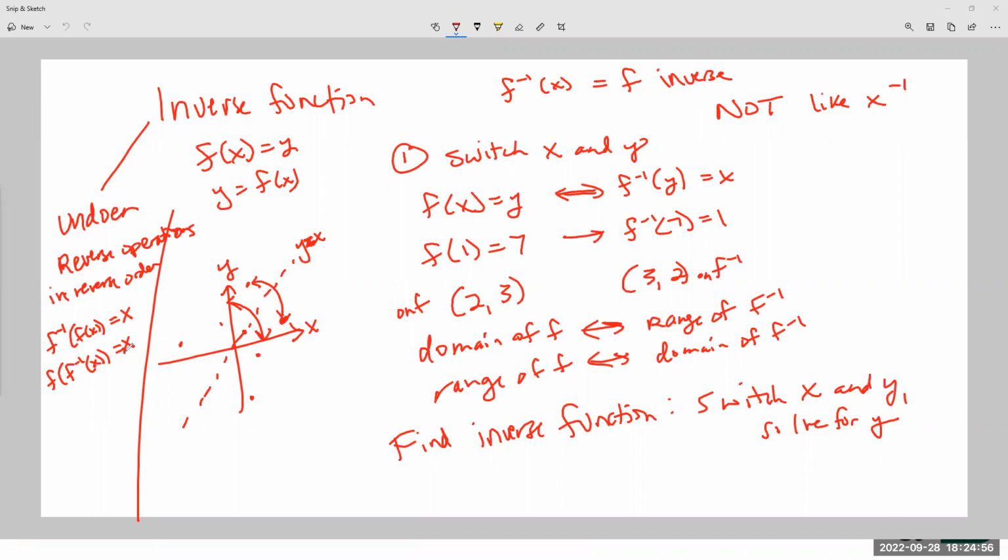And then, to find the inverse function, the second possible method is, as long as there's only one x showing up anywhere, you list what happens to x, and then you do the reverse operations in reverse order.